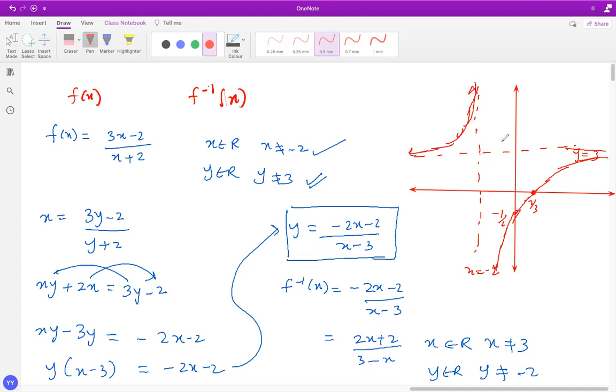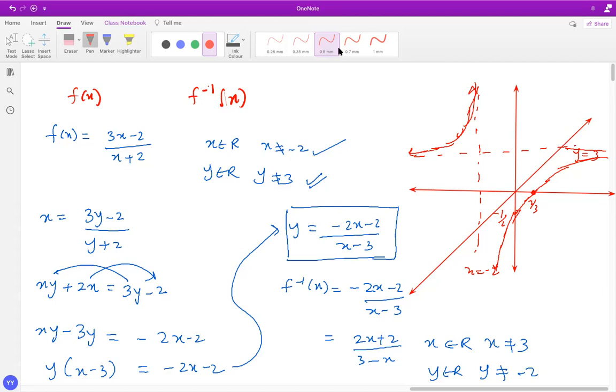Now, when you sketch the inverse of this, obviously you have to reflect this part across the y equals x line. So this is the reflection part. Just to make sure that you reflect this properly, make sure that you draw the vertical and horizontal asymptotes.